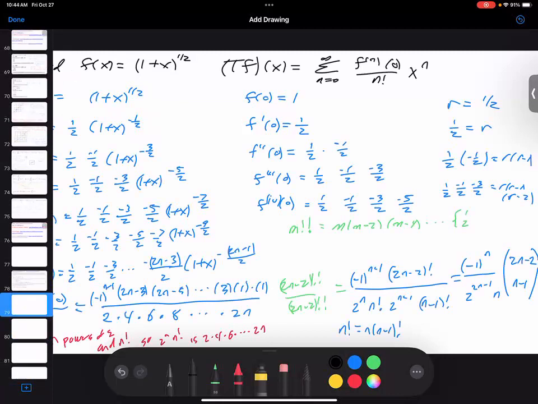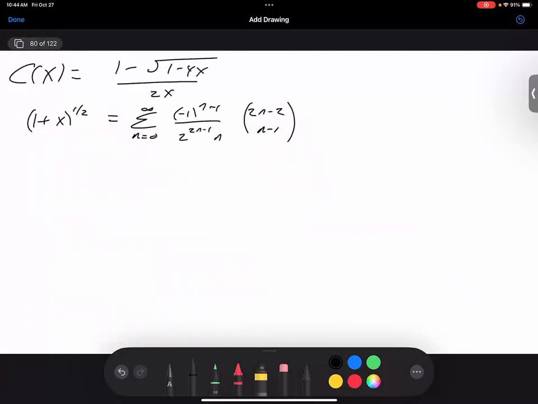Okay, so that looks like that's what we had. So now we have 1 minus 4x, 1/2. So now, oh, and of course, there's an x to the n here.